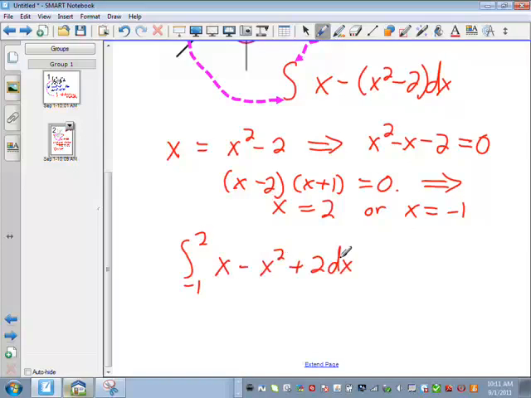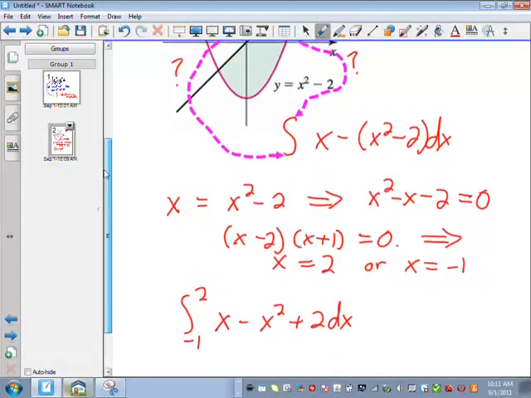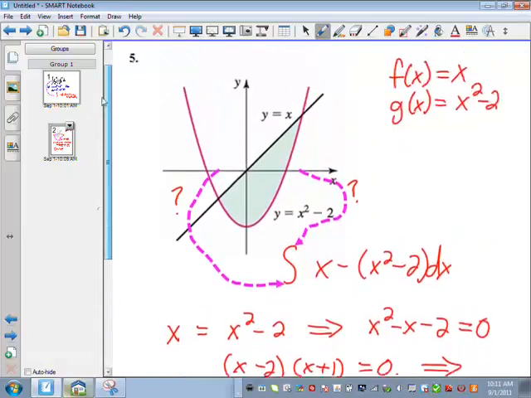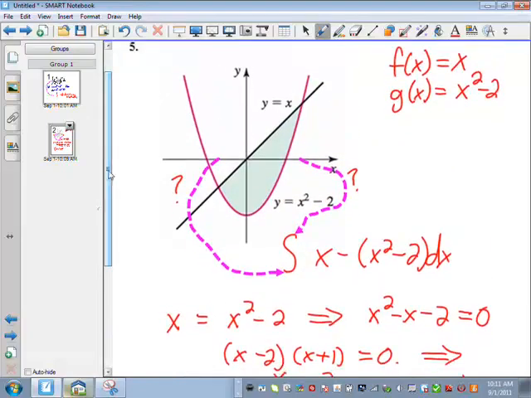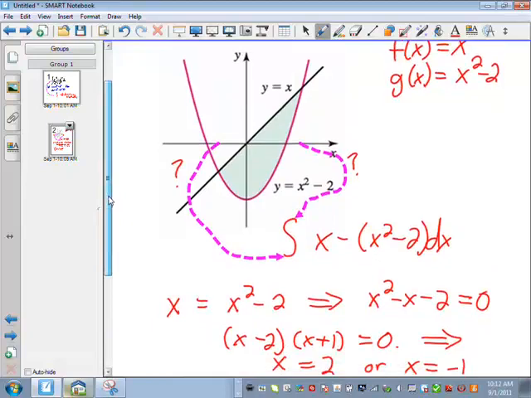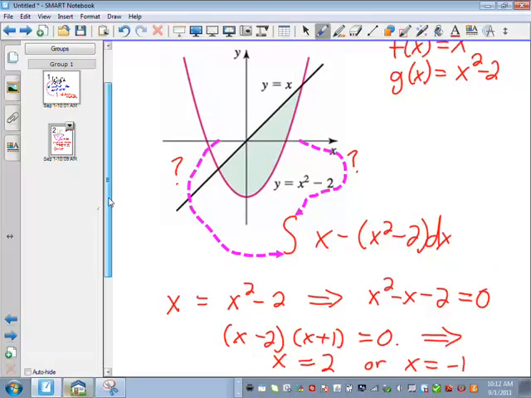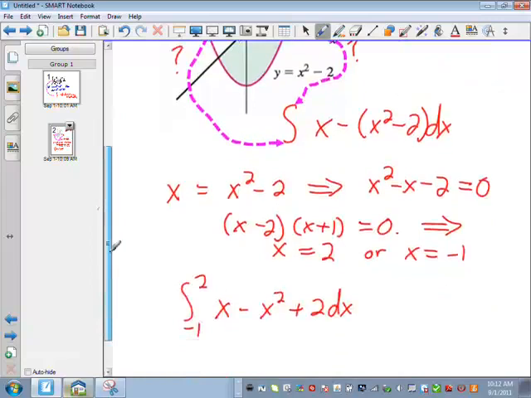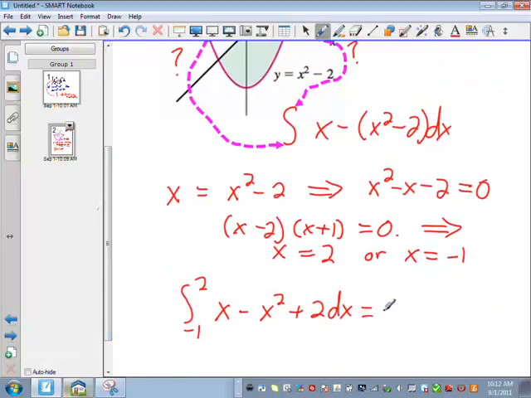This is 1/2 x squared minus 1/3 x cubed plus 2x evaluated from -1 to 2.